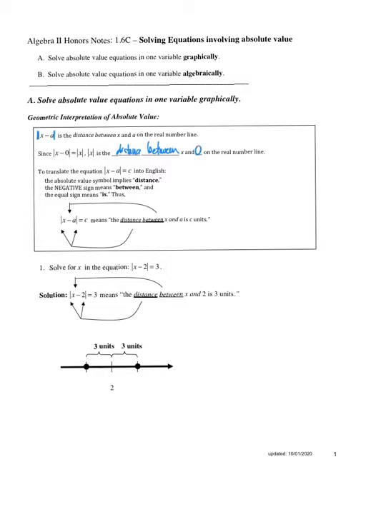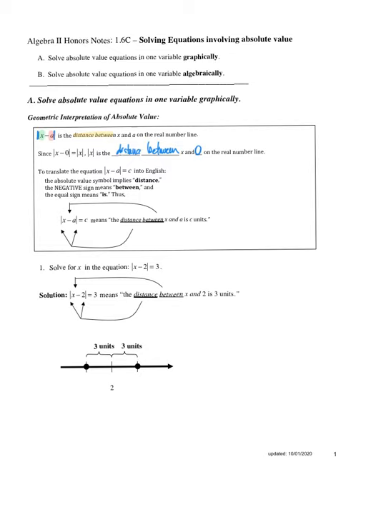So it's very important that you understand that absolute value is distance. So it's the distance between x and some value a on the number line. So distance, difference. So that's why absolute value is always positive in the end.